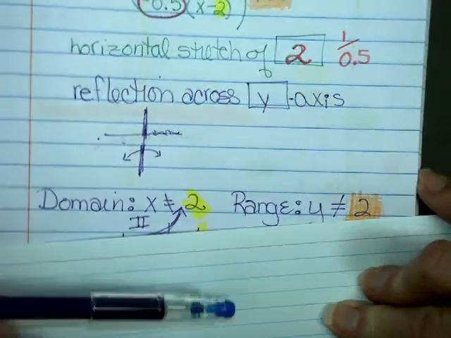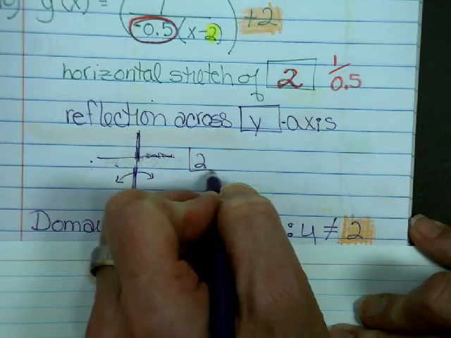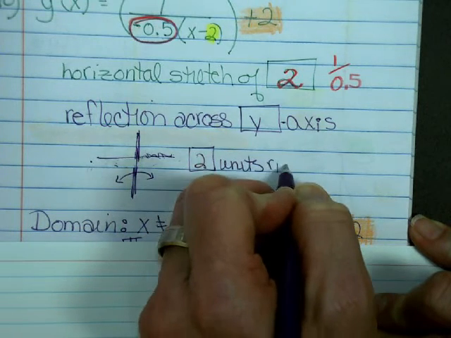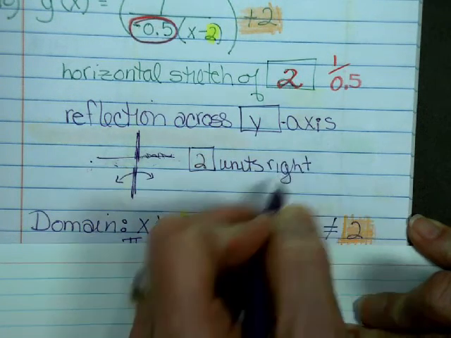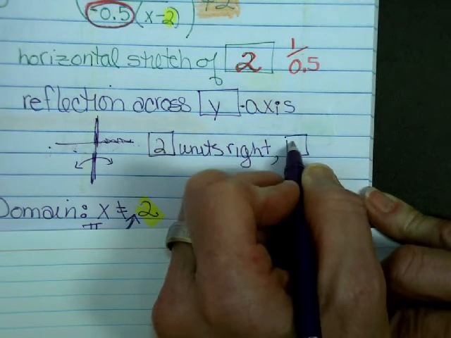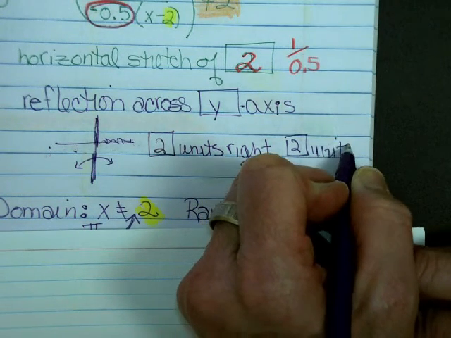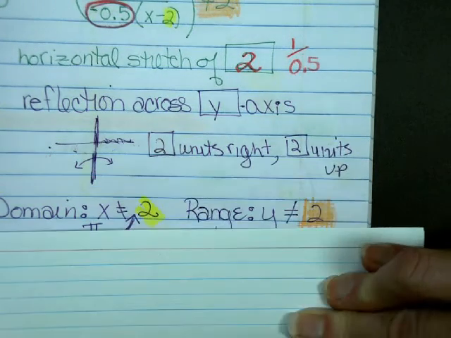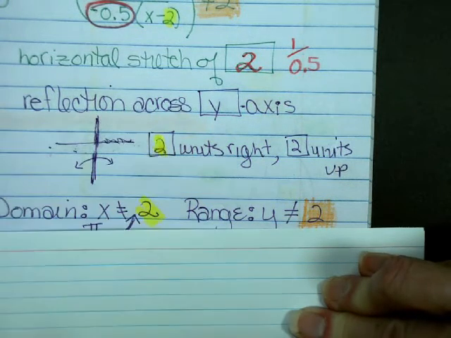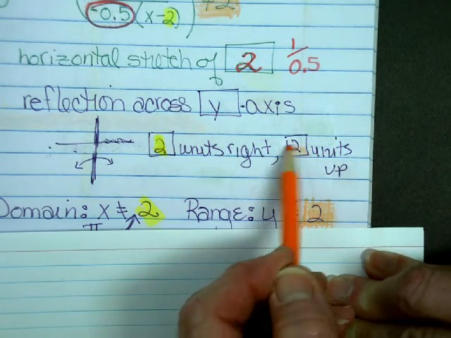And they're 2, obviously. 2 units right. 2 units up because of the H and the K.